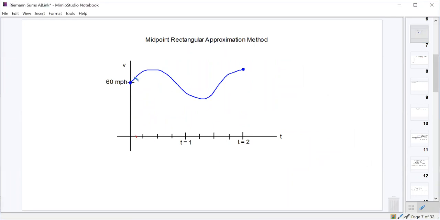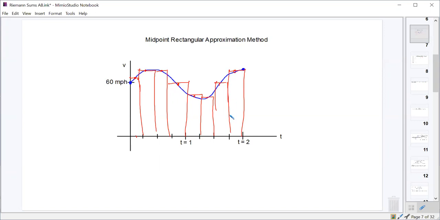So we'd start here at the midpoint, say that's about the midpoint, and we'd draw a rectangle. And we'd go to this midpoint and draw a rectangle, and this midpoint and draw a rectangle, and this midpoint and draw a rectangle. And we'd notice that we've got a little piece that's over and a little piece that's under for pretty much all of those, don't we? But the little pieces that are under and over are, I would think, a lot smaller than what they were in the left and the right approximations. Would you agree? Yeah, and this should be a better approximation.